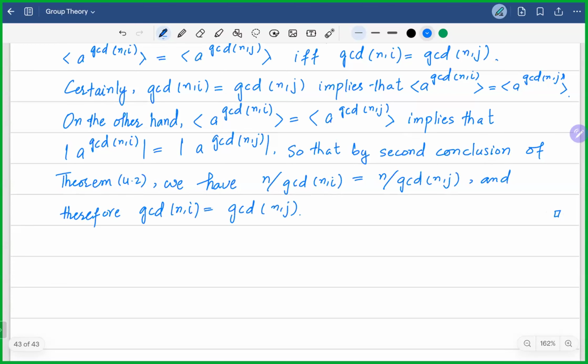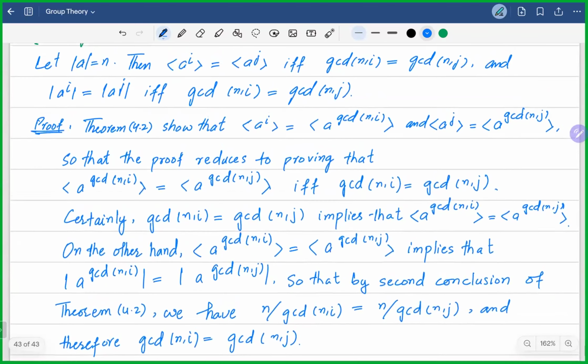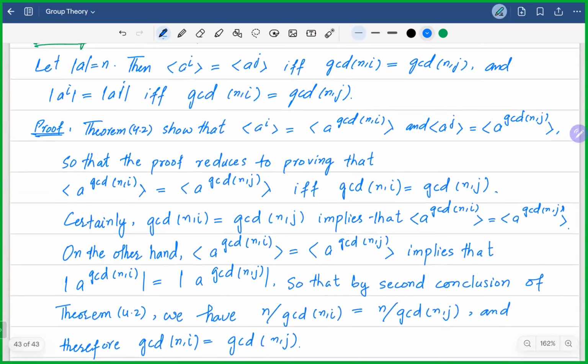If GCDs are the same, then everything is equal. Okay, perfect.